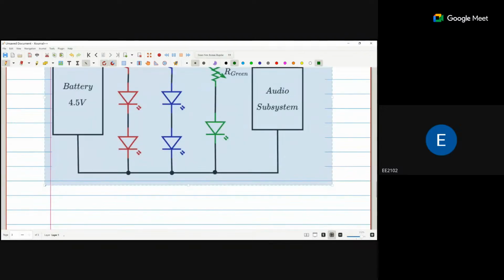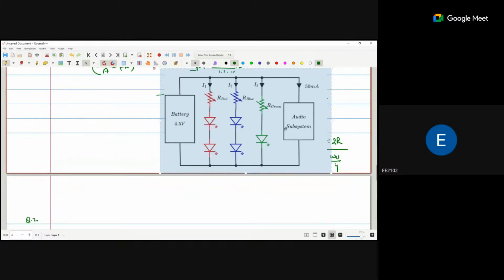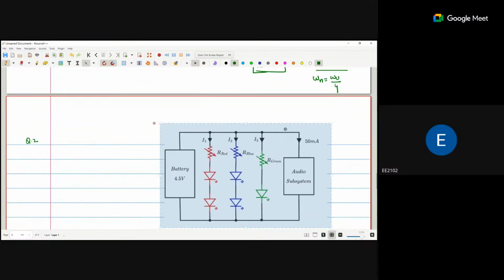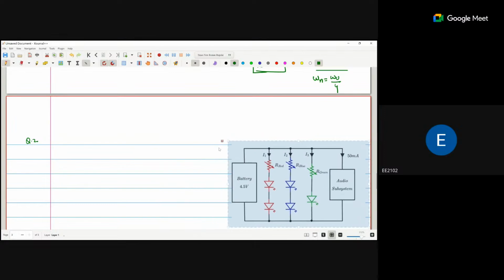So this is the second question. It is mentioned that red, green and blue: V red is 1.7, VG is 1.85, and VB is 1.95.